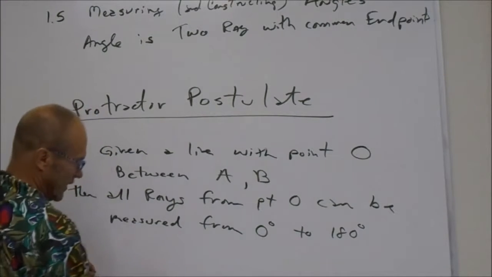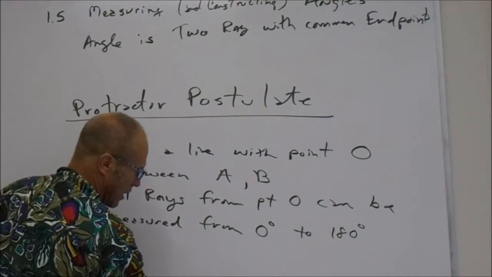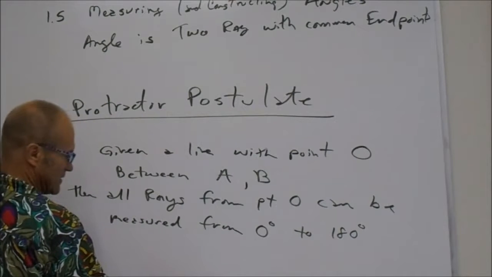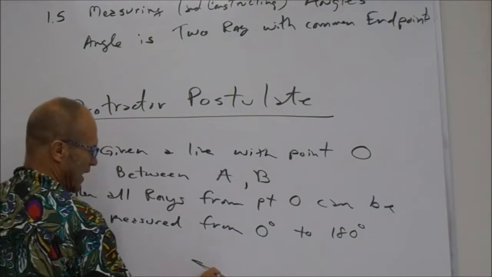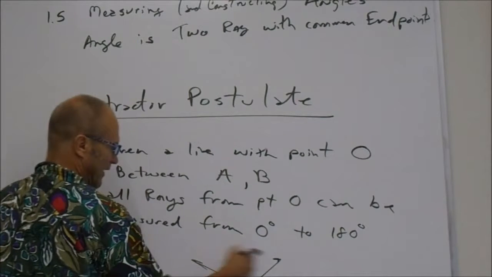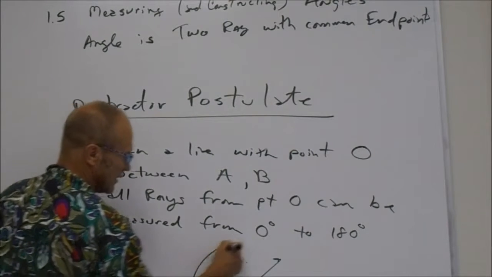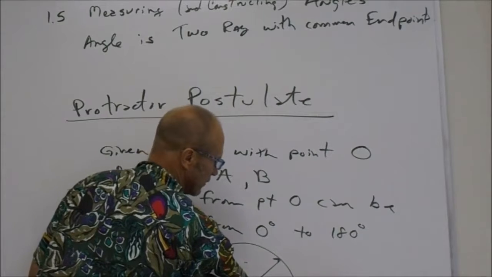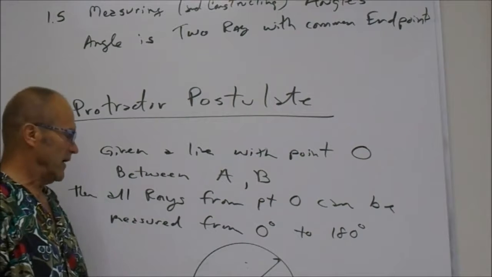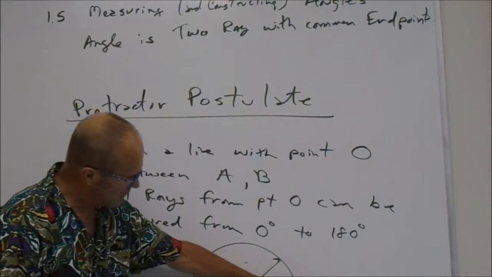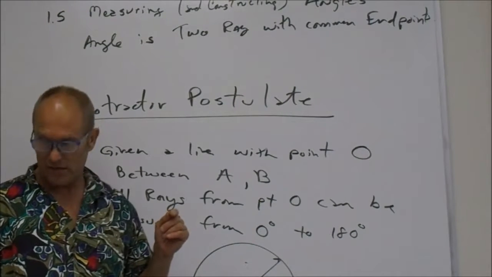In other words, if I draw a line, A, O, and B, I start here, that's 0 degrees, I keep going around, and this is my ray, I keep moving it, and this measurement starts at 0, and when it ends up here, it's at 180 degrees. So somewhere in there, you're in the range between 0 and 180. And of course, when you go down here, you could start with 0 again and go up to 180, depending on which way you want to go on the 0 start.